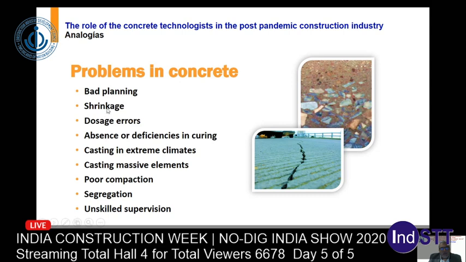Bad planning, shrinkage problems, dosage errors, absence of or deficiencies in curing, casting in extreme climates, casting massive elements, poor compaction, segregation, unskilled supervision. All these aspects can contribute to a bad performance of concrete, but those are mainly focused on newborn concrete. That is when we can do something to solve them.